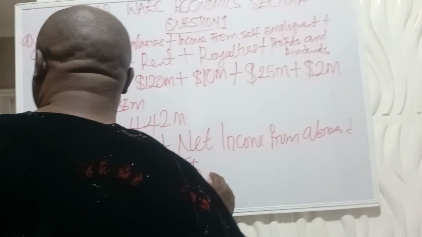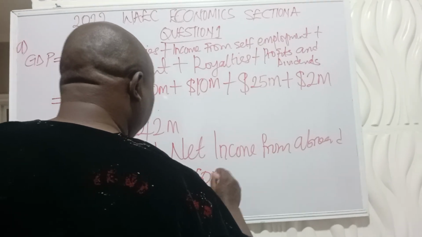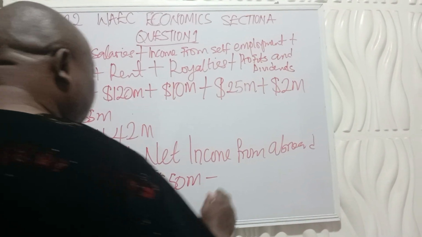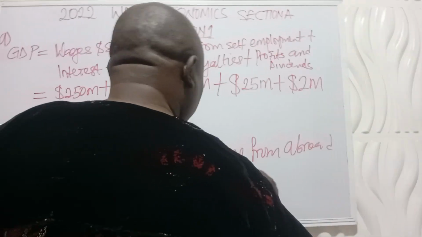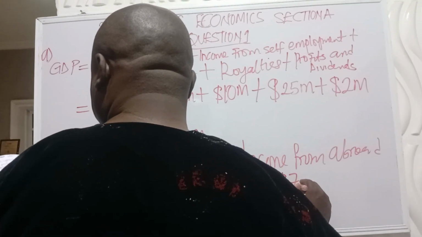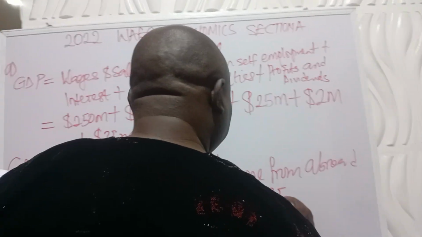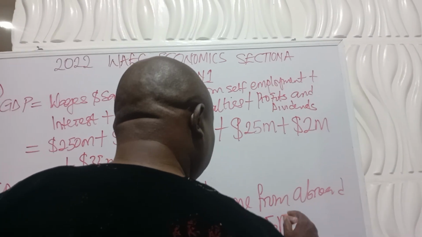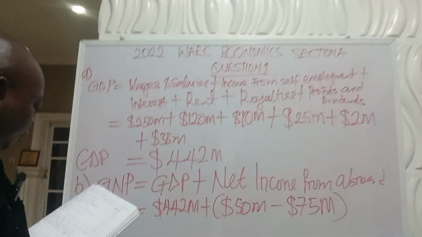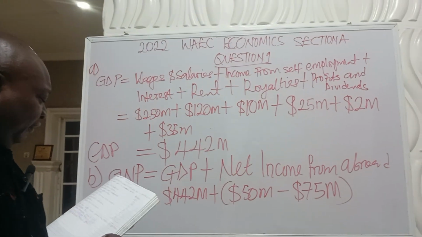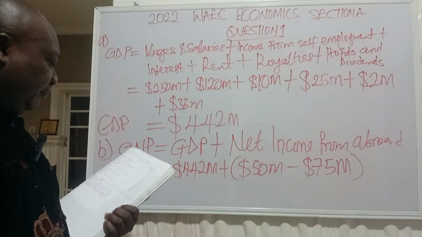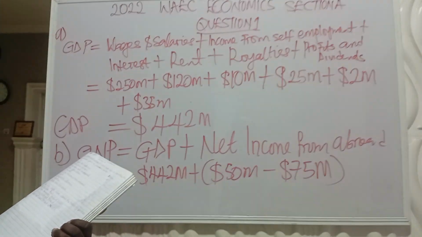Income received from abroad is $50 million, while income paid abroad is 75 million dollars.